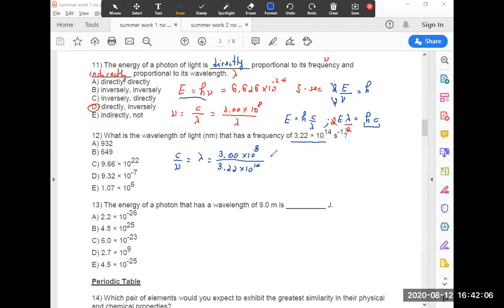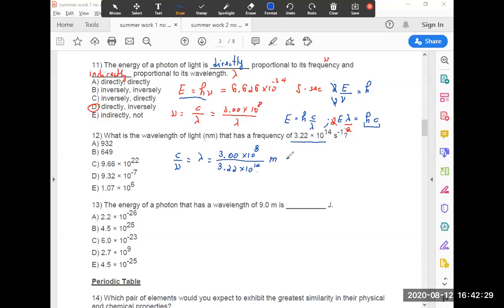This is meters. So let's try not to forget the units of those. This is the speed of light, which is meters per second. This is 1 over second because hertz is the frequency. So meters per second divided by 1 over second means meters.